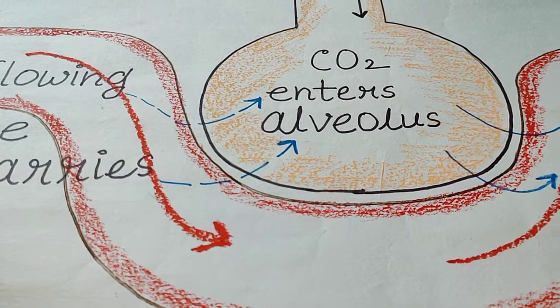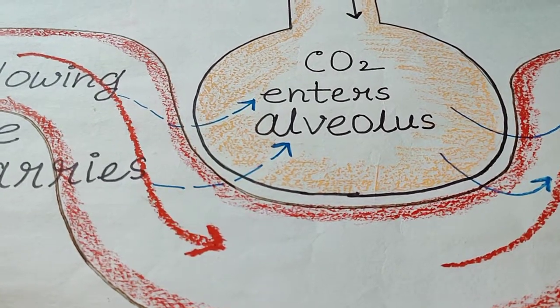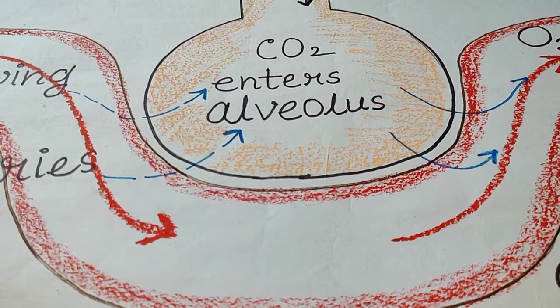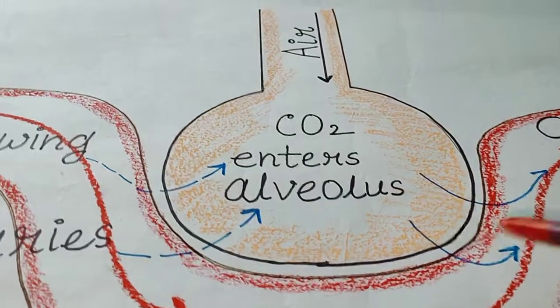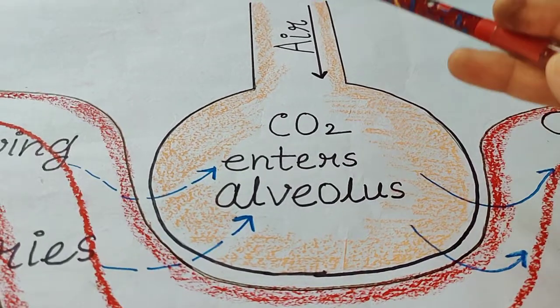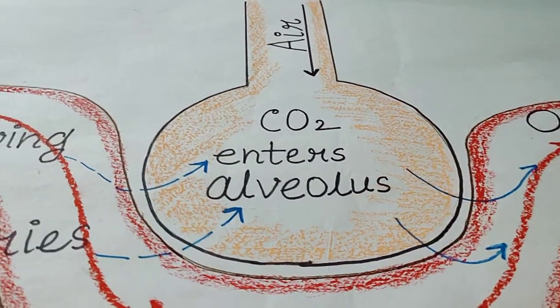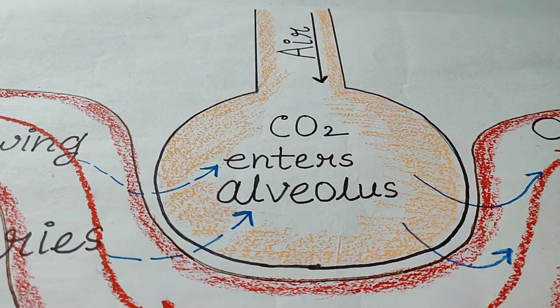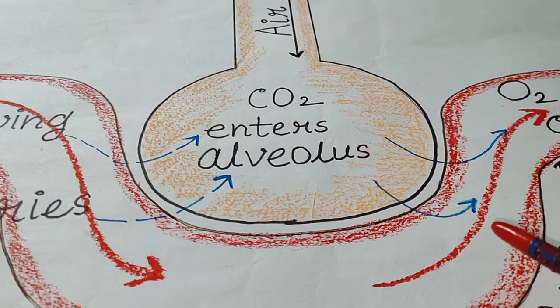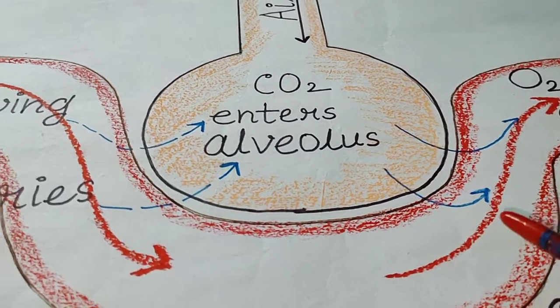When we breathe out air, the diaphragm and the muscles of the ribs relax, and therefore the chest cavity pushes this CO2 rich air out of our body. In this way, the process of gaseous exchange is completed inside the human respiratory system.